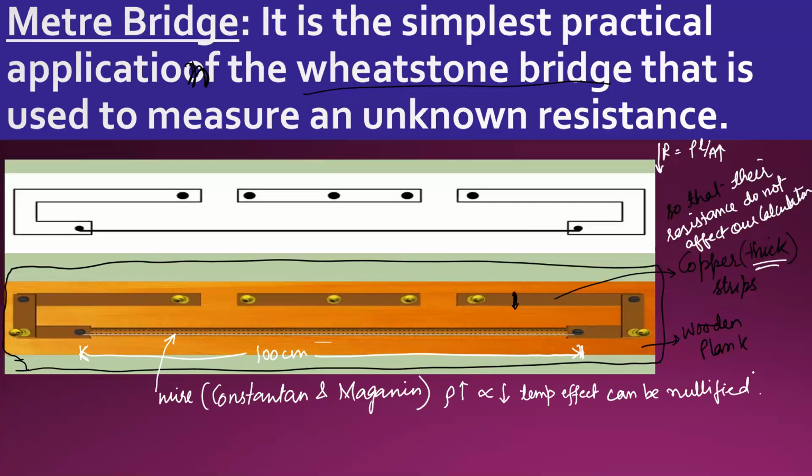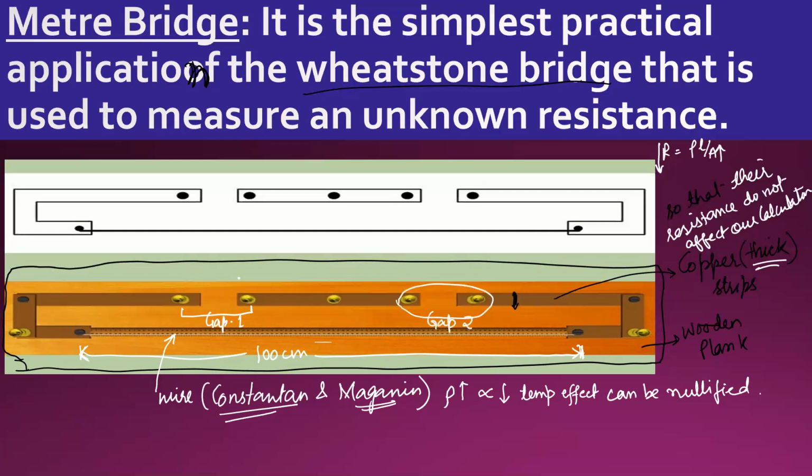Always in the meter scale, the wire is made up of constantan and manganese, and both these are alloys. As we can see here, we are having a few gaps. This is gap 1 and this is gap number 2.